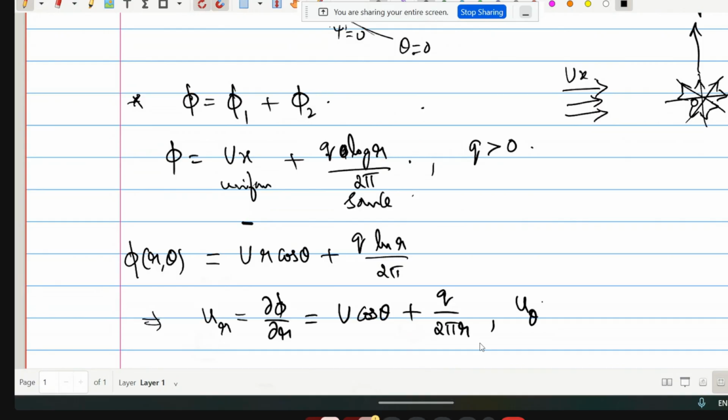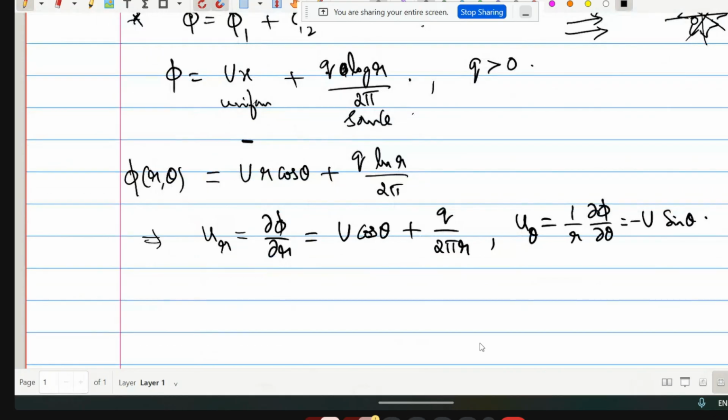And what is U theta? 1 by r, dou phi by dou theta, so that will give minus U sin theta. And this quantity will be anyway 0. So this is what it is, right?